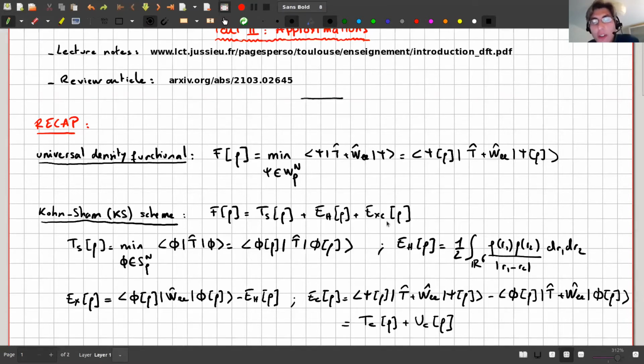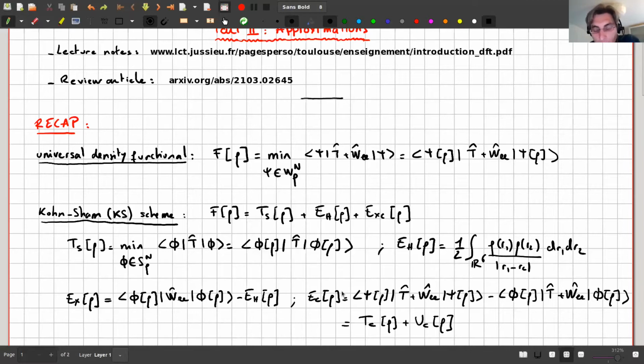And the exchange-correlation functional, the quantity that we need to approximate in practice, can be decomposed into an exchange part, which is defined with the Kohn-Sham determinant as this, and the correlation part, which is all the rest. And you can check that it is this expression.